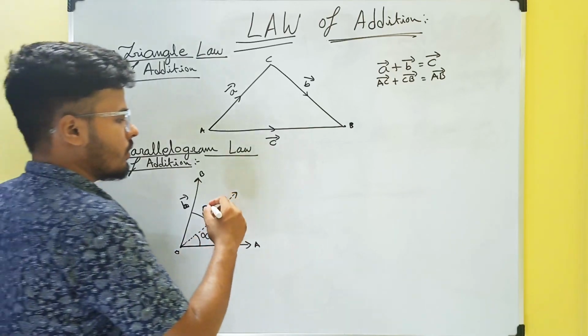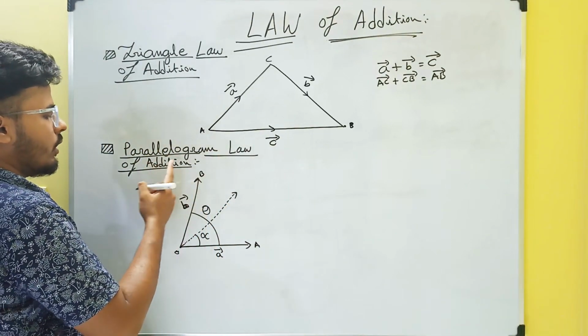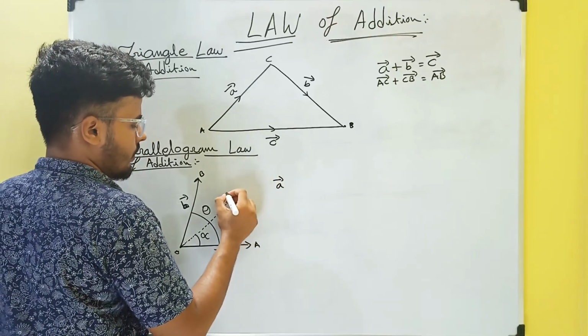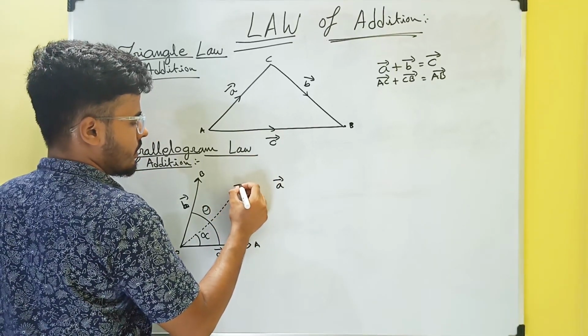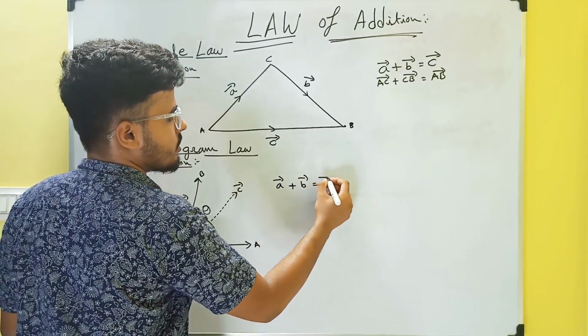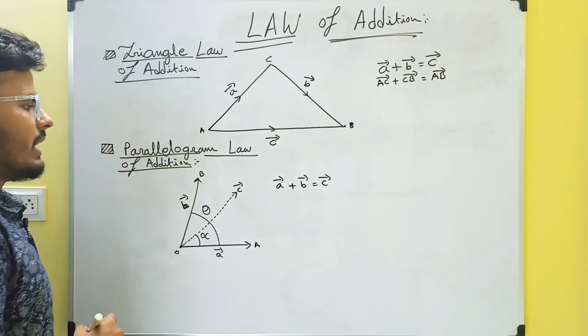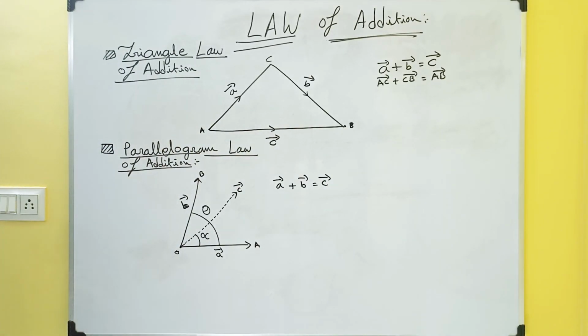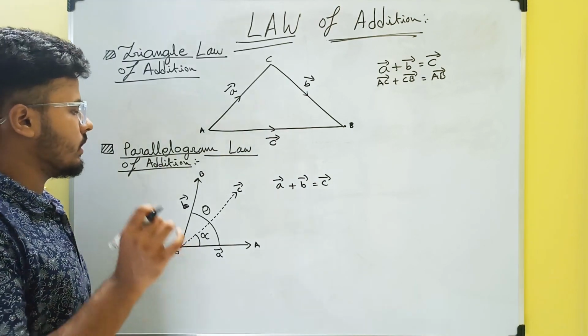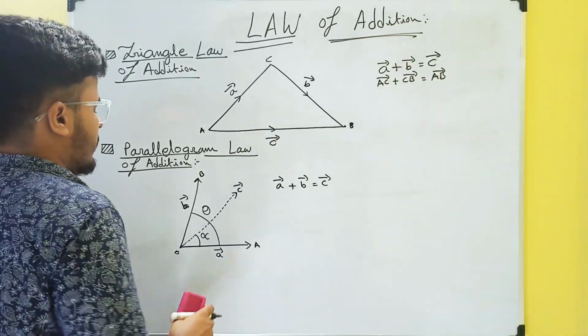So from the parallelogram law of addition, this one is vector C. A plus B equals vector C. This is the parallelogram law of addition.